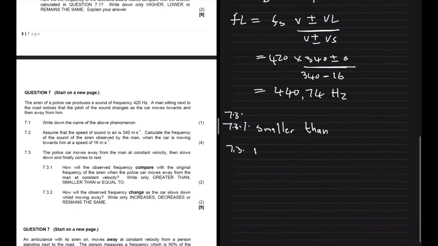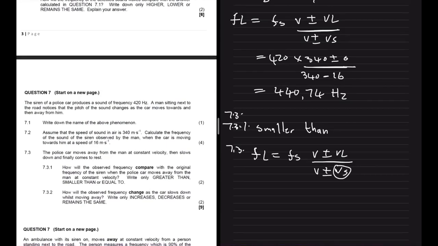7.3.2. So let's go back to the formula. We have F of L equals F of S, V plus or minus V L. Everything we say in every calculation we do, we're basing on this formula and nothing else. They're saying that the car is slowing down, so this V S is getting smaller, right?